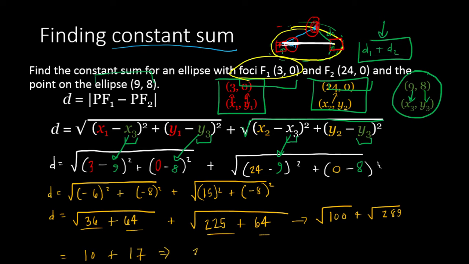So our final answer becomes 27. So the constant sum for this ellipse is 27, meaning if I take any point on this ellipse and I measure the distance from my point to my first focus, my point to my second focus, and I add those two distances together, I'll get 27.